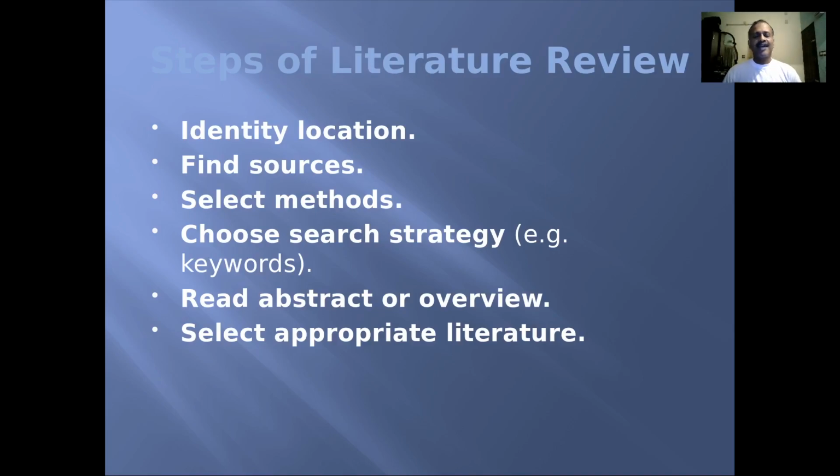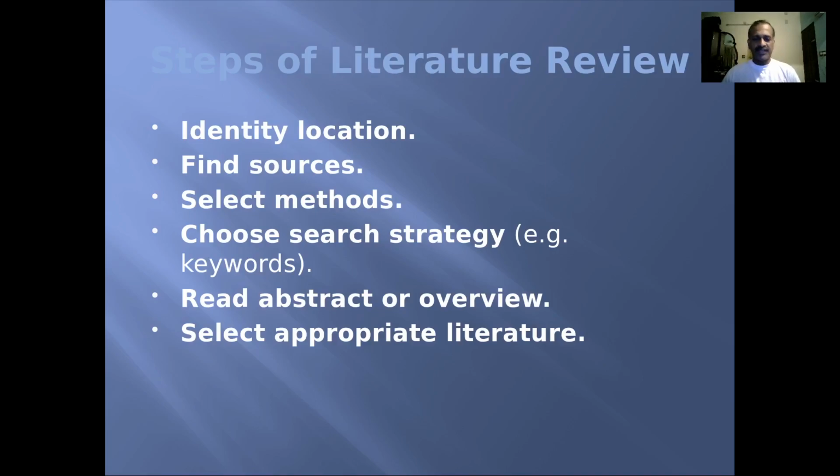Then read abstract or overview. That is the first thing you have to do, because reading the whole article may take 2 hours or 3 hours, and after reading the whole article, if you find that there is absolutely no point related to your study, it's a whole waste.